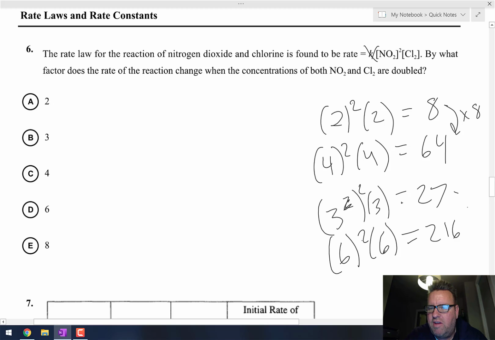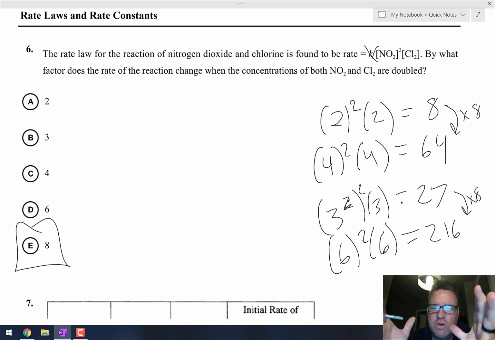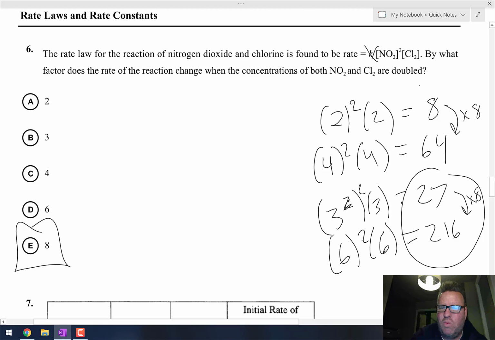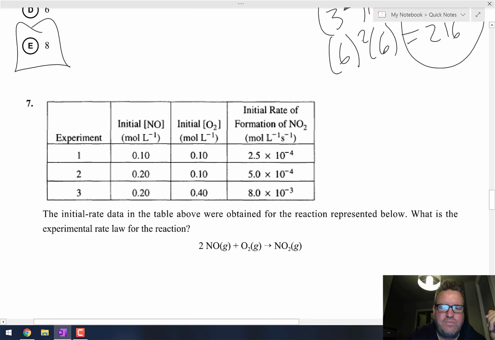It's going up by a factor of 8. 27 times 8 is 216. So no matter what, when those double, you're going to go up by a factor of 8. And so what do you learn from that? Sometimes it's easy when they don't give you numbers, just put in fake numbers. Then, again, no matter what number you use, you can see what's happening there in that problem.